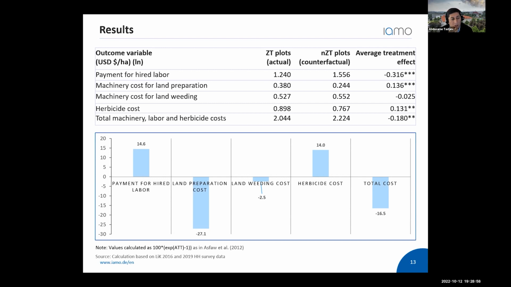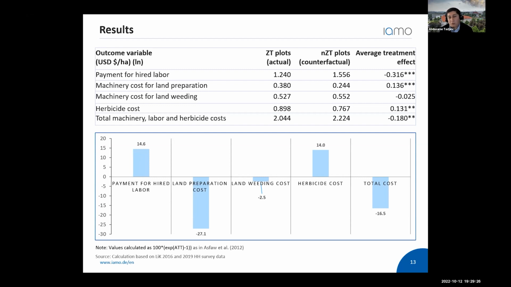But we don't consider the benefits of zero tillage adoption. But it is also the case of why households do not use zero tillage. It is one of the main research questions, and we'll investigate it.